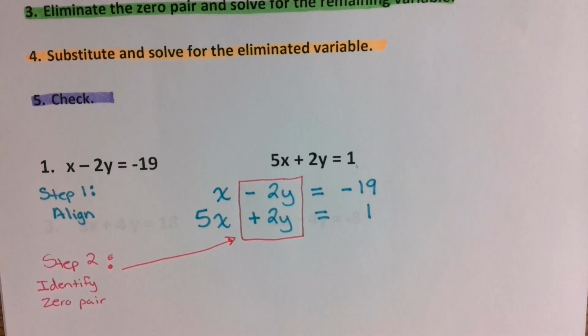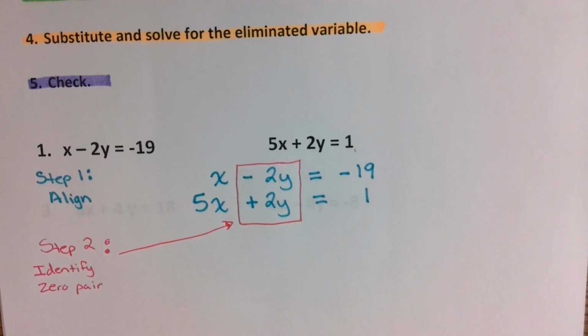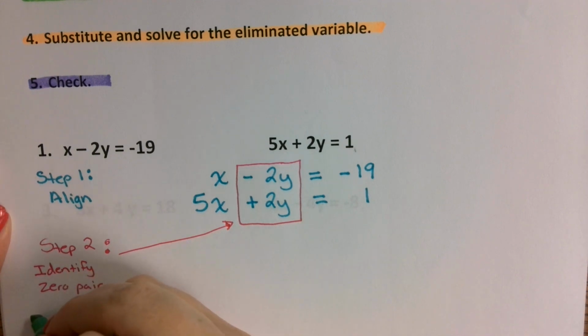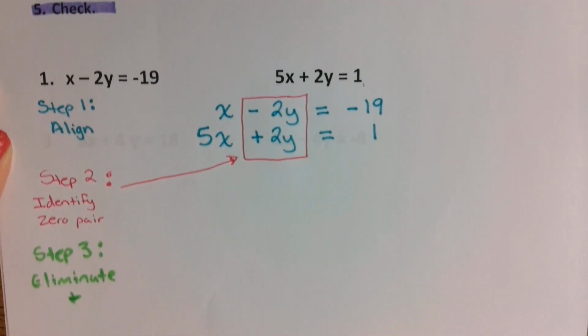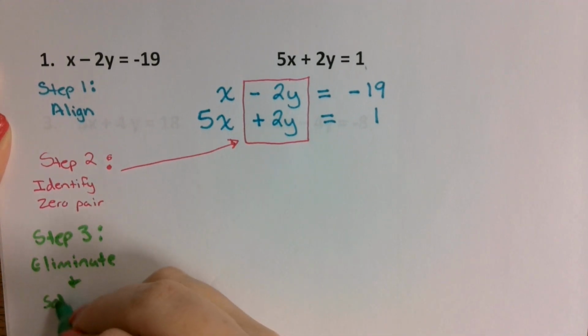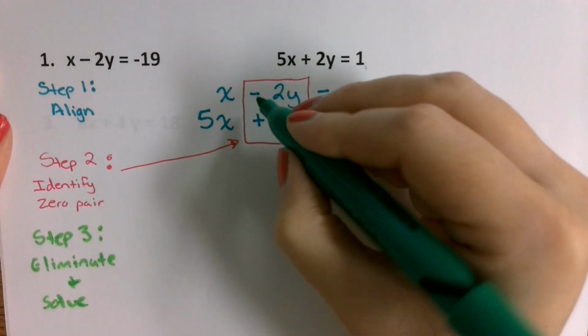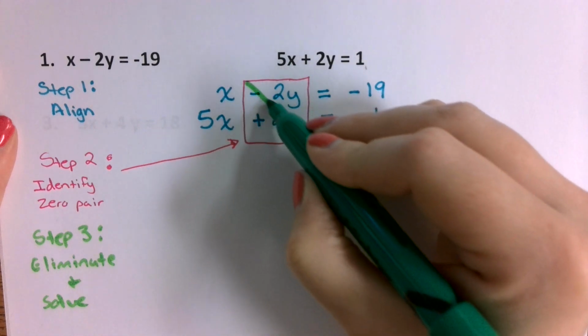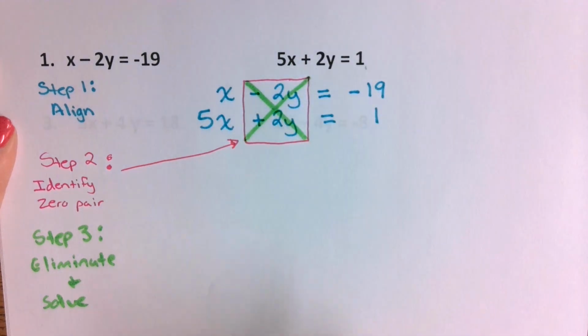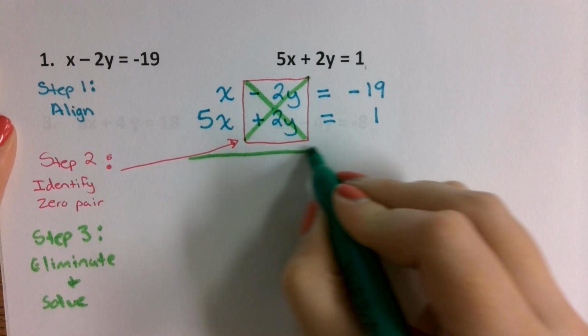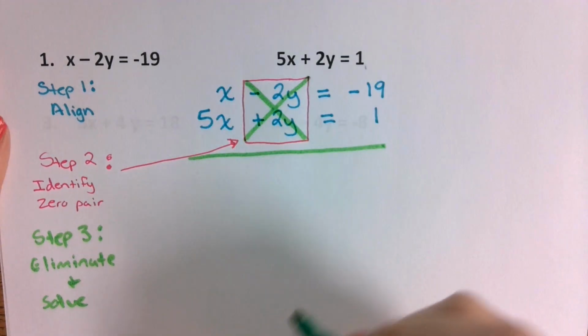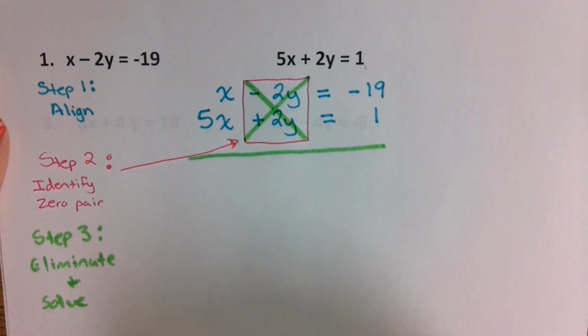Step 3 is to go ahead and eliminate and solve. By eliminate, since it's already a zero pair, I'm going to go ahead and just cross them off. They are eliminated. I'm going to draw a line below here, and combine these values together.